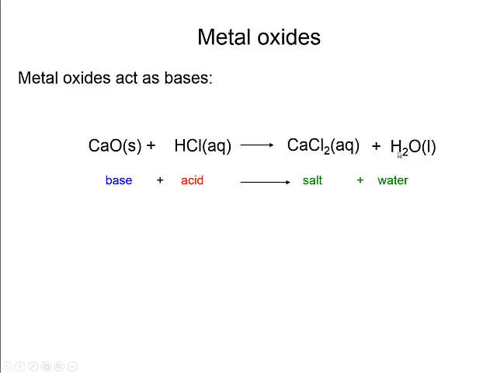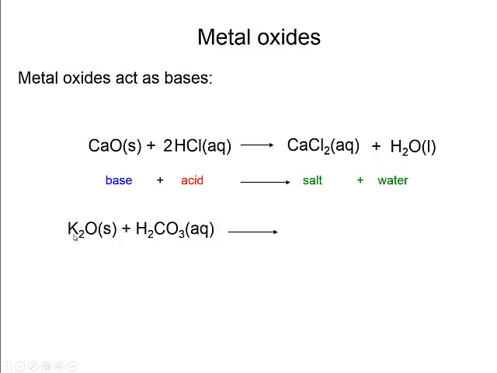In order to have 2 hydrogens and 2 chlorines, we of course have 2 HCl. Statues over time are subject to dissolving, the marble in statues, because that is a basic mineral that will be neutralized by acid in the environment. Let's do one more.